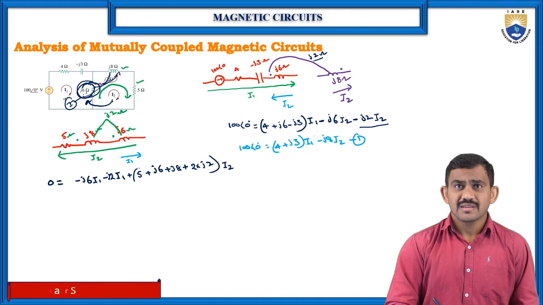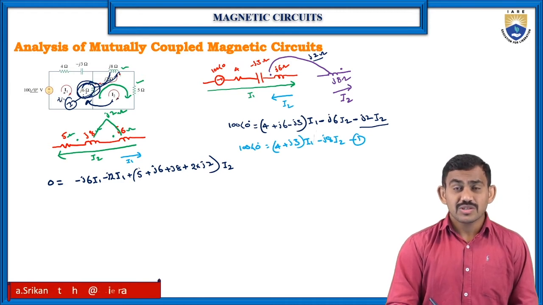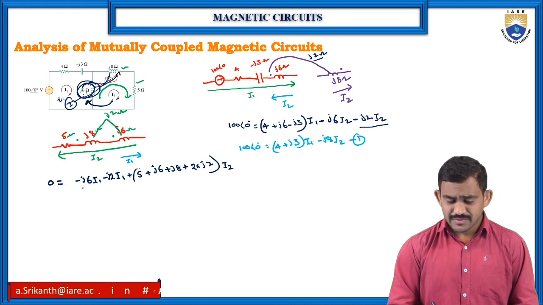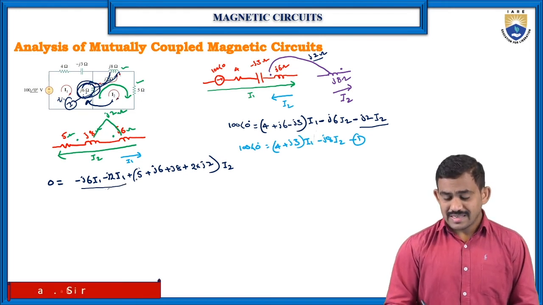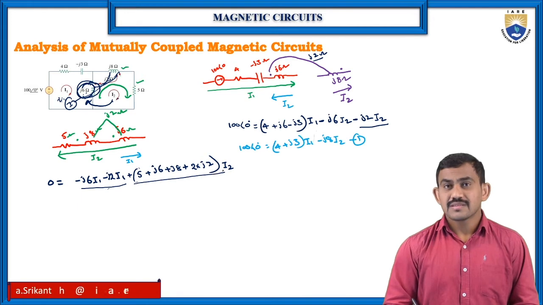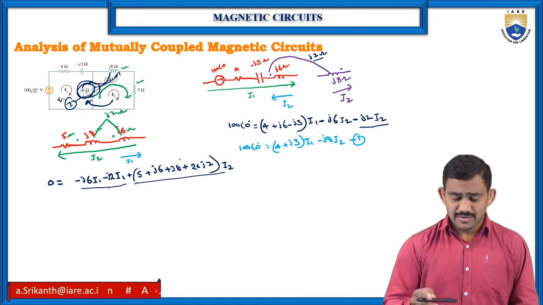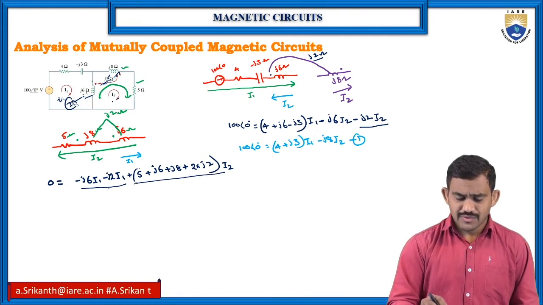So we have the I1 with 2J, and both currents are reversed, so we have the minus value. This is your I1 total value and this is your I2 total value from this circuit.